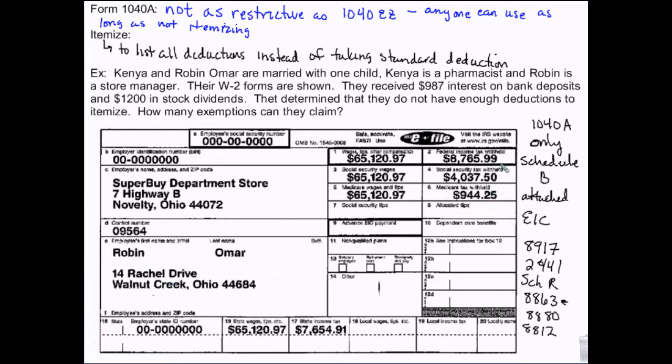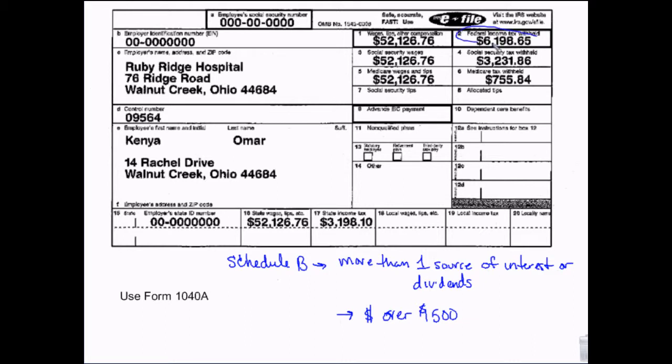Here's the first one, $8,765.99. And then we go to the second one, $6,198.65. And we need to add those together. I lost my mouse.